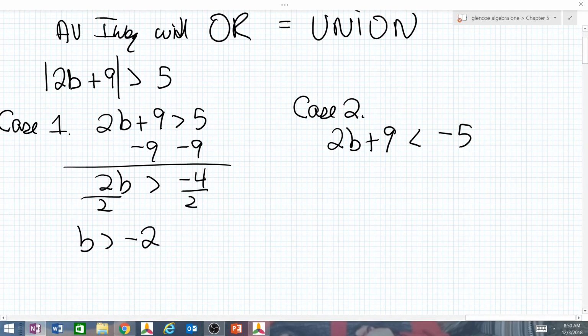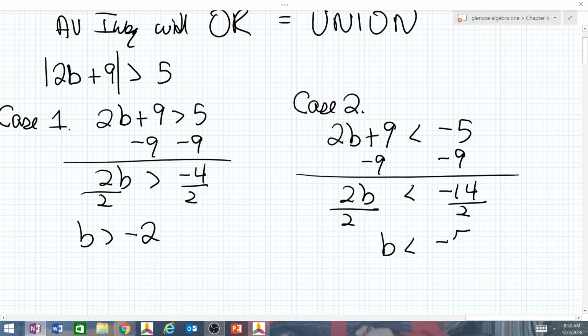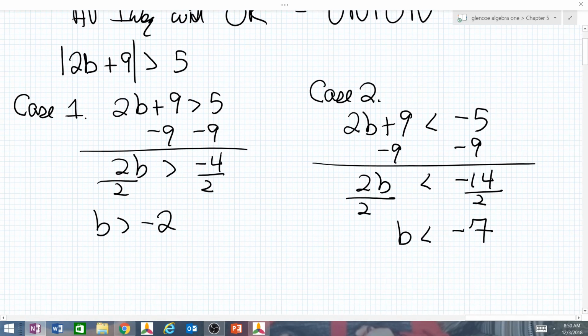So 2b plus 9 is less than negative 5. Subtract 9 from each side, and you get 2b is less than negative 14. Divide each side by 2, and you get b is less than negative 7. Now we are ready to graph. Are you with me? Yes?